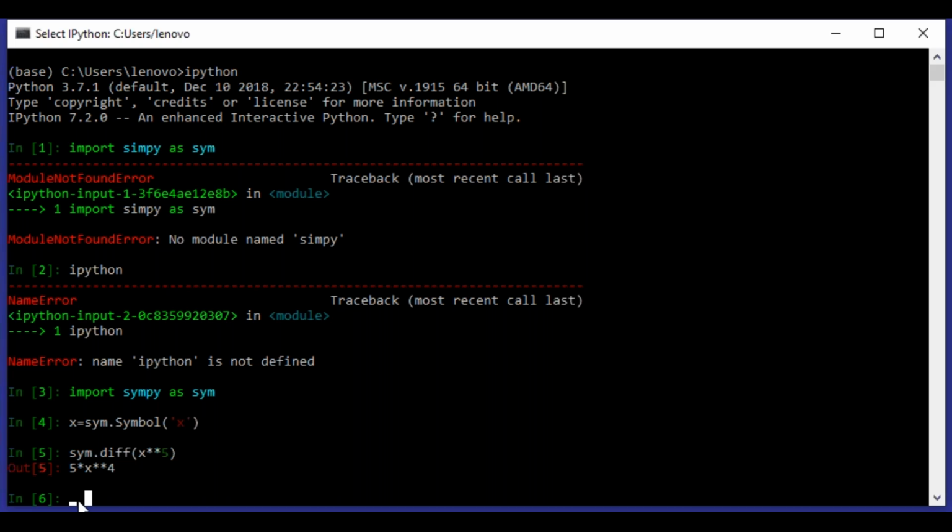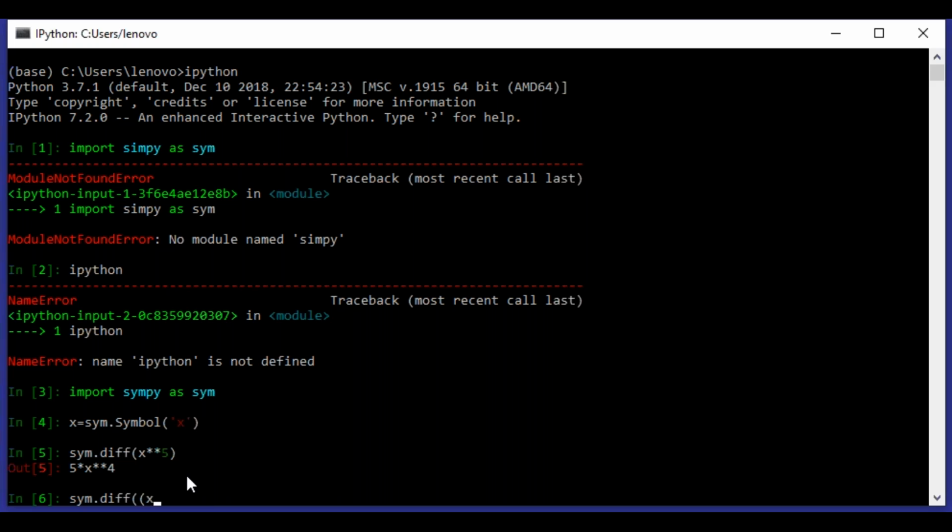Then next we will have to give only that function whose derivative is to be found. Therefore sym.diff, in bracket x square plus 1.